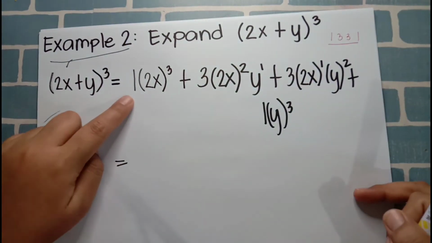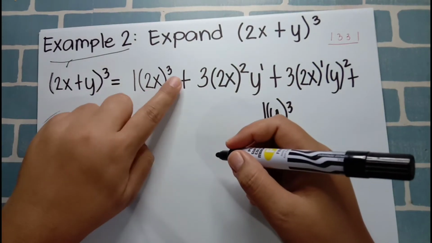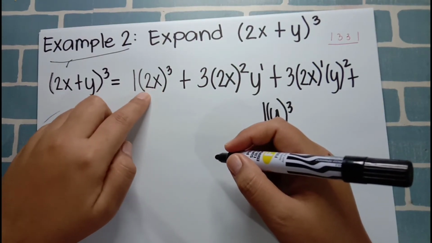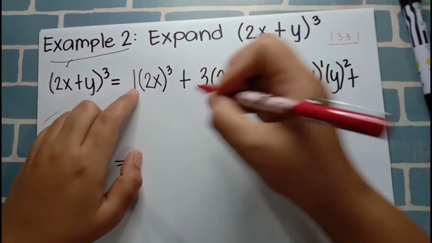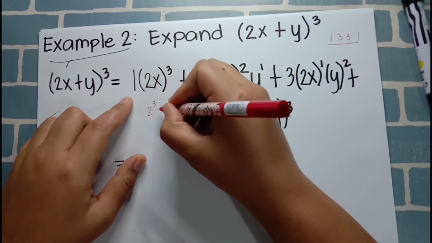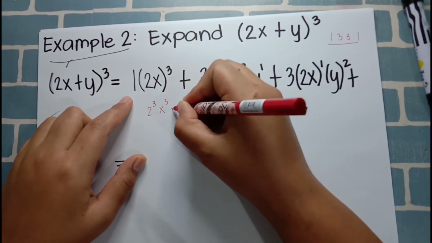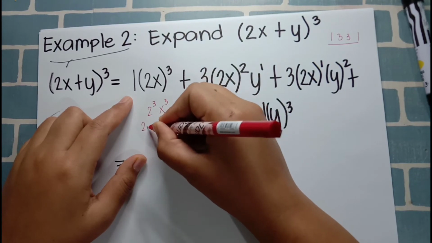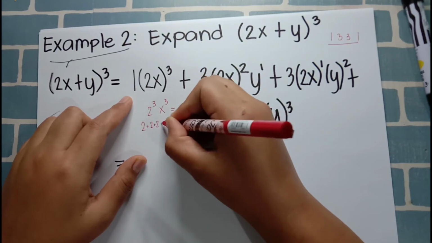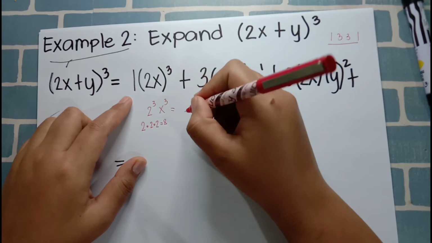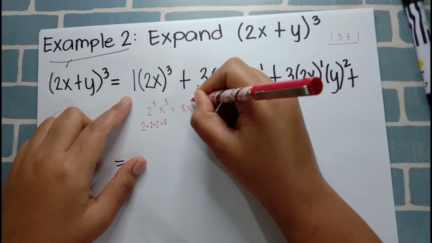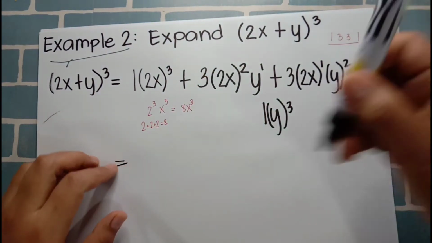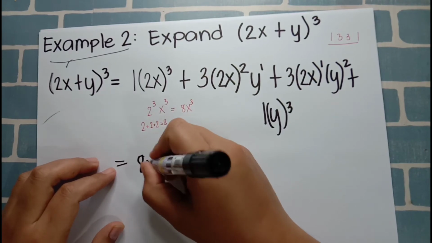Equals, so let's solve. 2 cubed is 2 times 2 times 2, not 2 times 3. We distribute the exponent 3 to both of the terms. So 2 times 2 times 2 is 8x cubed. That is our first term.